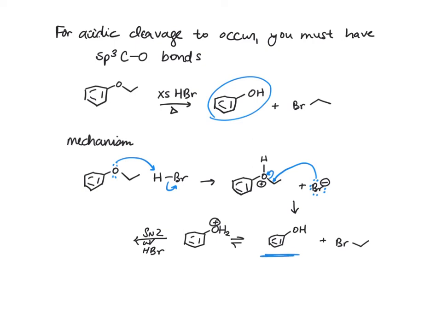Then what do we do with this alcohol? Well, knowing that we're in strong acid, so we have HBr to go to the left side of this equilibrium, we can protonate the phenol, and it will indeed be protonated.